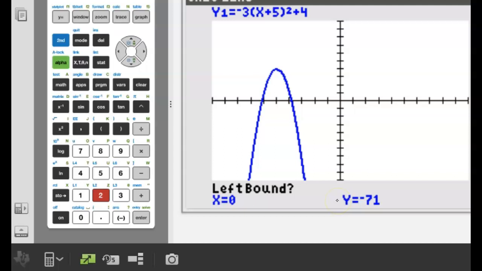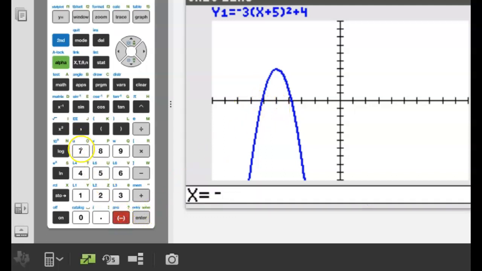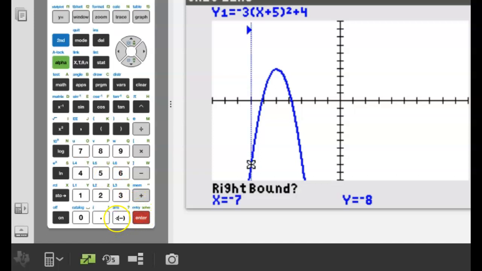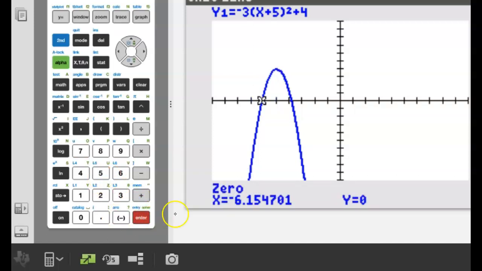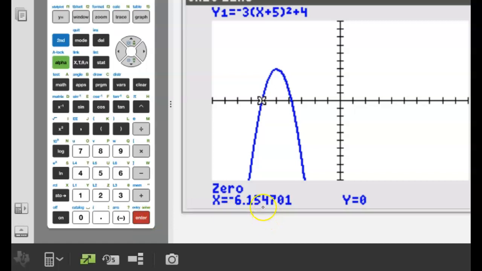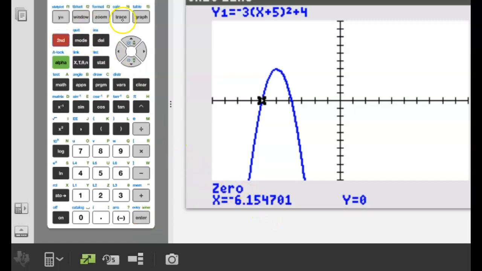So I usually tell it numbers. This is 1, 2, 3, 4, 5, 6, 7 negative. So it is somewhere between -7 and -5. So I usually type it's on the left close to -7, on the right close to -5. I hit enter and it finds it. You are welcome to scroll around.